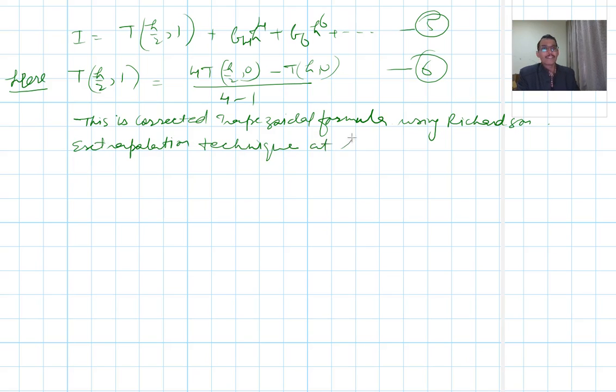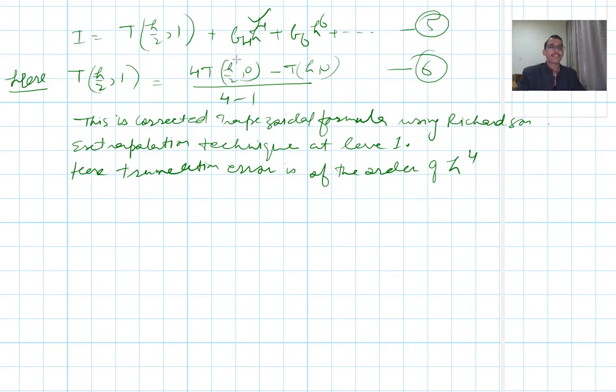At level 1, the truncation error is of the order of h raised to power 4, as is clear here, because the term containing h square has been eliminated using this approximation.